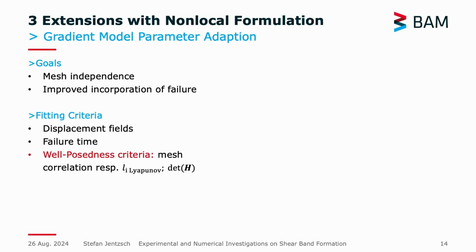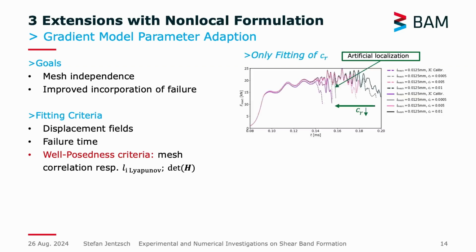Then I also did this calibration with the general goals of mesh independence, no hyperbolicity loss, and improved incorporation of the failure. The fitting criteria were similar to before, where here I want to emphasize the failure time, and as new criteria the well-posedness criteria, which can be checked by mesh correlation of feasible meshes, or other more analytical criteria like the internal length scale or the zero crossing of the acoustic tensor.